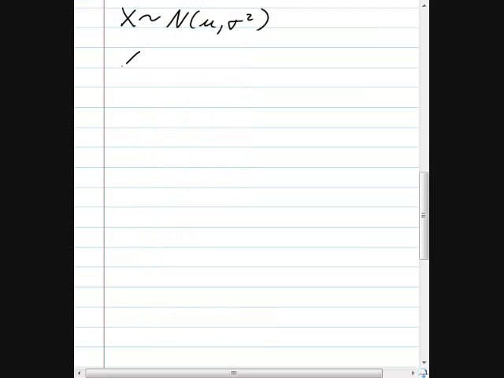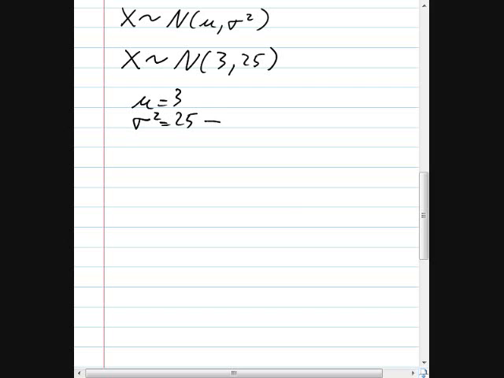If I write that X is distributed as a normal random variable with mean 3 and variance 25, then what I know about X is that X has a mean of 3 and a variance of 25, which tells me that the standard deviation is 5. It's important to be able to compute the standard deviation given the variance because we'll use the standard deviation in our calculations, not the variance.